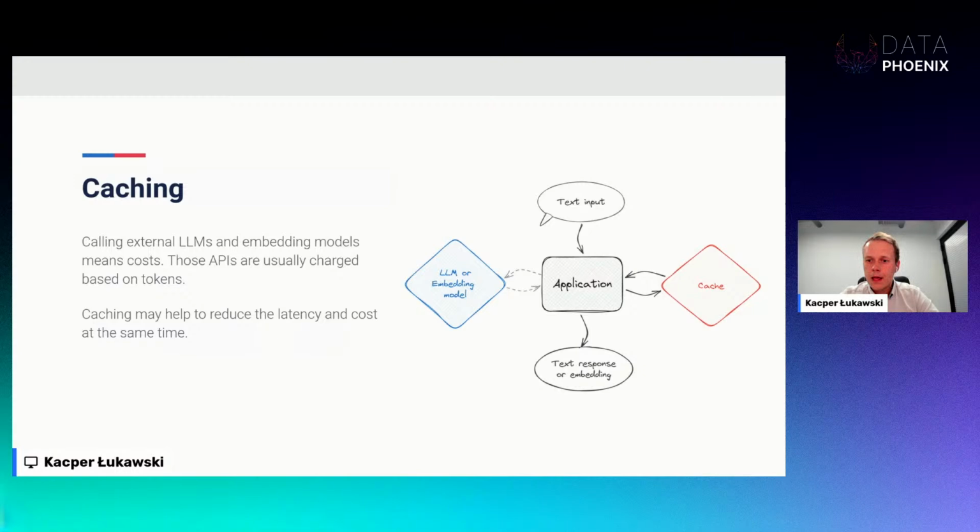So let's say you want to keep your LLM responses or embeddings. You receive some sort of input into the system. That might be a question that your user asks. This is sent to your application, and your application uses this text input to find if it has a similar entry in the cache mechanism. And for the cache mechanism, you can freely use a vector store, or Qdrant as well.